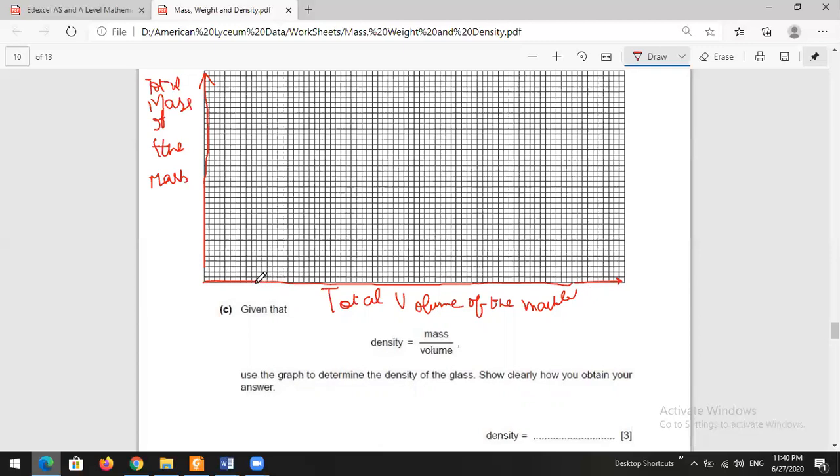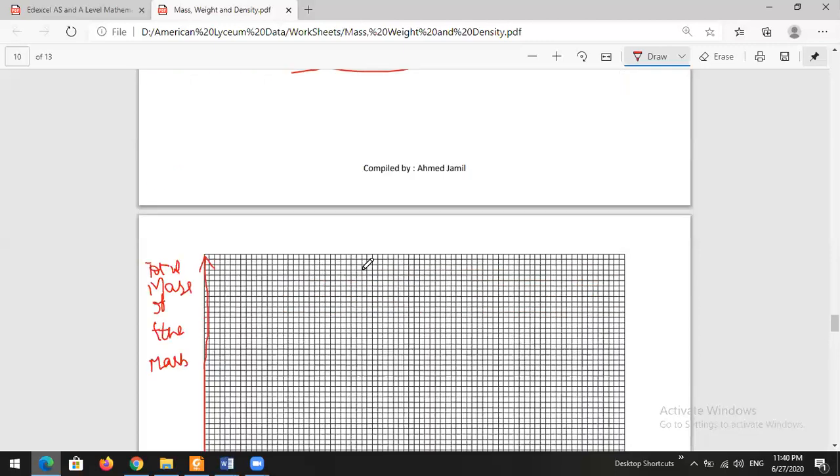Similarly, 10 small boxes, 1 2 3 4 5 6 7 8 9 and 10. So this is actually 10. And similarly you write after this 10, I guess either 20, then 30, 40 and so on.